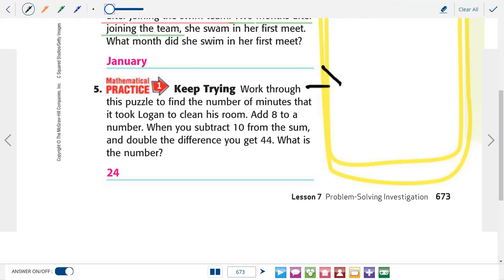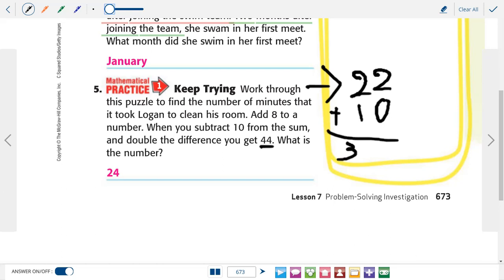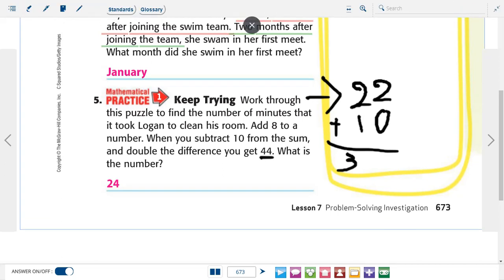First, we start from 44. Which number when you double will become 44? 22. Now this 22 we know that we subtracted 10 from, so we will do the reverse one, which is adding 10. Now it is 32.